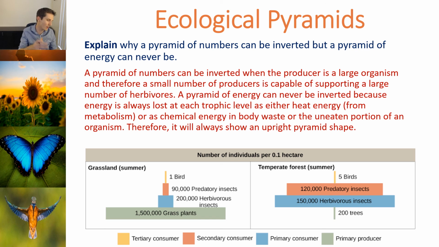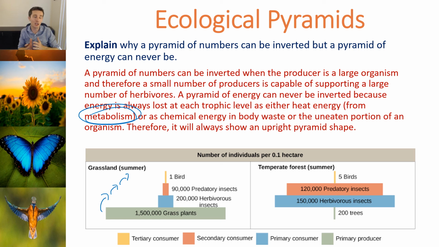And an animal won't necessarily ingest all of the bones and everything that are there. So energy can never be inverted simply because there is energy loss at each trophic level as a result of things like metabolism and waste. Remember, metabolism is the greater amount of energy lost from that ecosystem or from that food chain there.